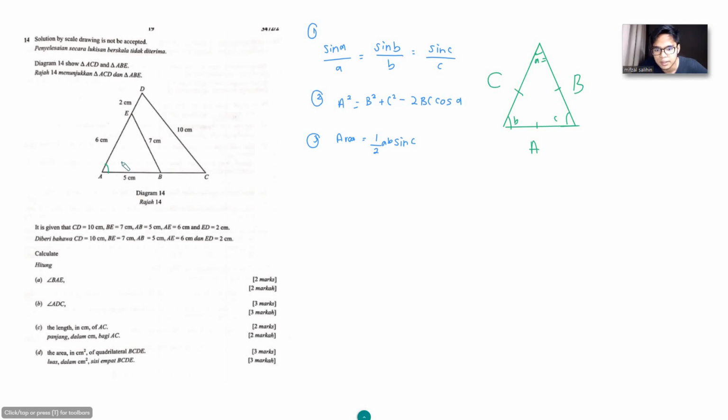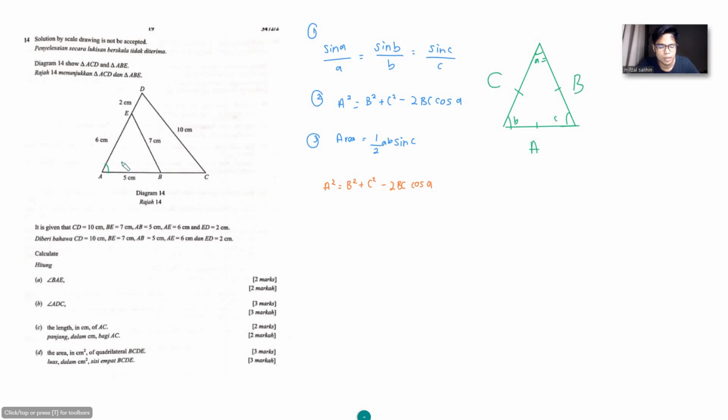So I'll make capital letter A as 7 cm, capital letter B as 6 cm, and capital letter C as 5 cm. So using formula number 2, A square is equivalent to B square plus C square minus 2BC cos A. Originally, this formula is used to find the length of capital A, but we can still find the angle of lowercase a by using this formula too.